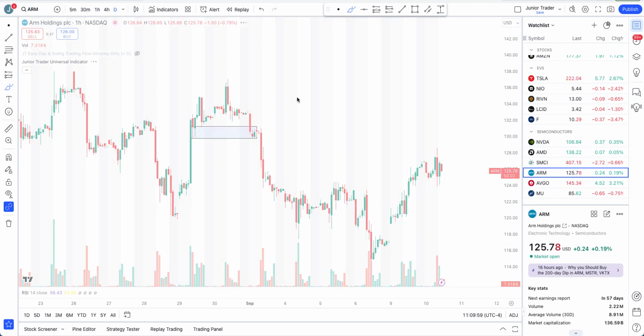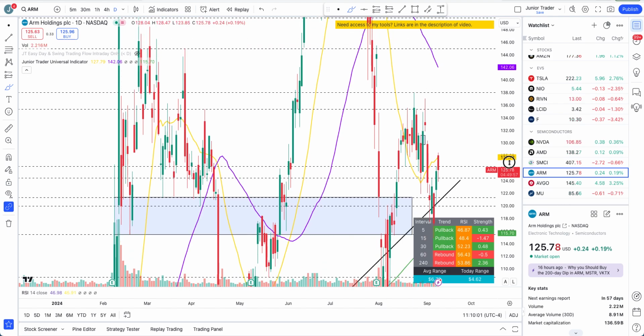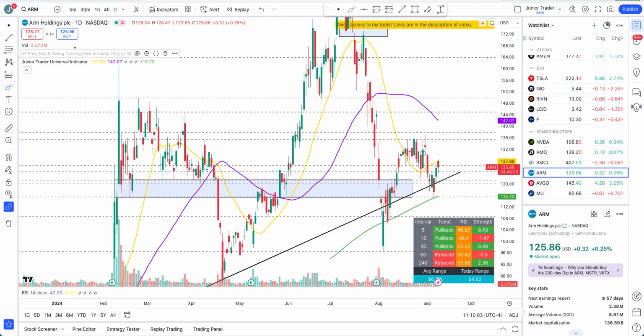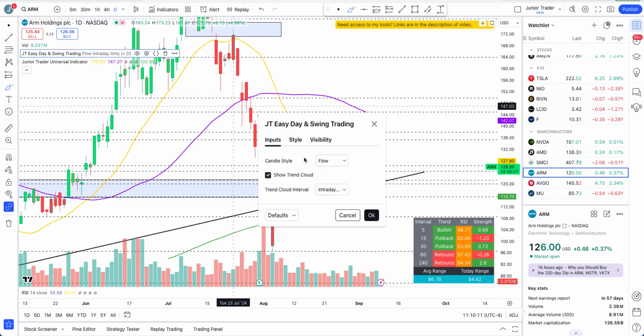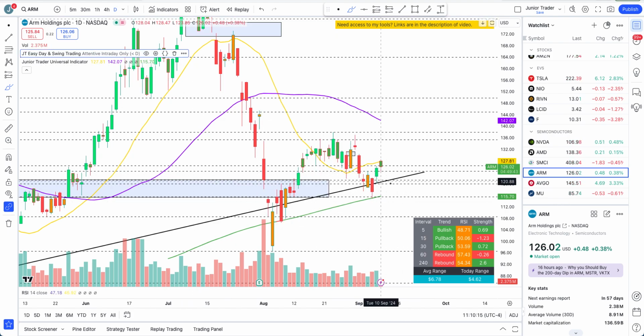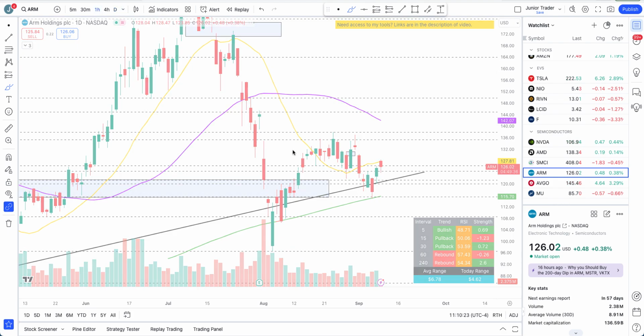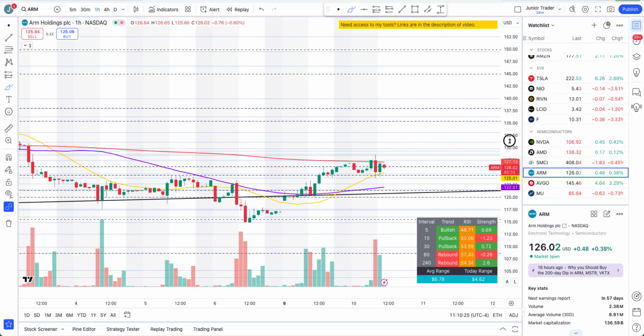ARM, let's go to the daily interval first. So ARM did change the structure to bullish yesterday, and today technically it's still in the bullish structure. Let me actually change this to attentive mode. Technically we are still in the bullish structure over here. Let's go to the hourly interval.